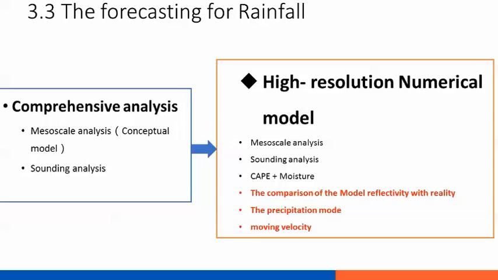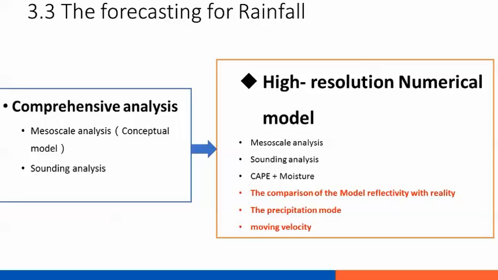As for short-time heavy rainfall, a systematic, comprehensive analysis and forecast process includes synoptic and mesoscale analysis to help us have awareness of the expected weather. Then, after checking the current conditions at the surface and aloft, and comparing them to the model forecast initial conditions or the 0-hour forecasts, we decide that they are close enough to allow us to trust that the models are at least starting off well.